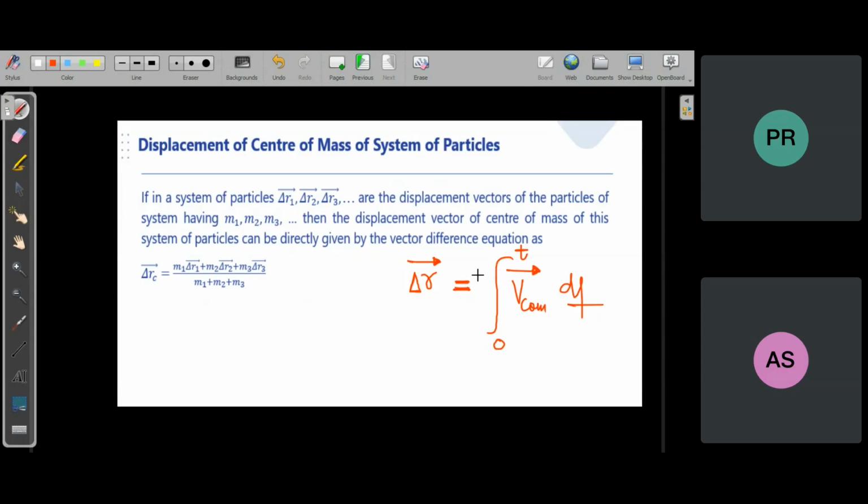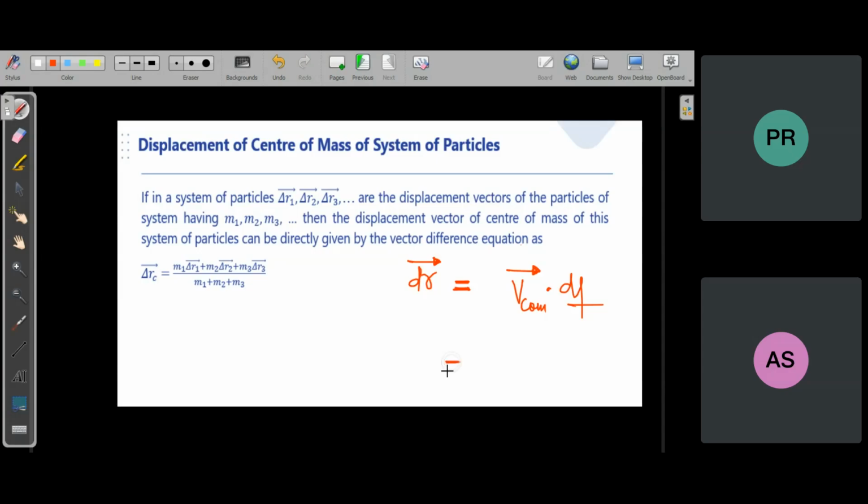Or if you assume that you are finding the displacement in a very small interval of time, then you can write it as dr, which is equal to the integration of vcom dt.